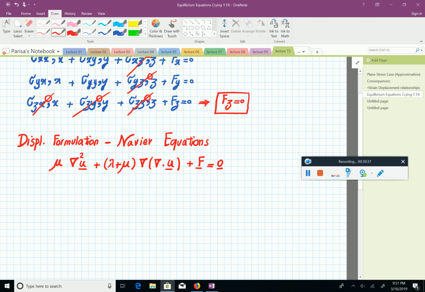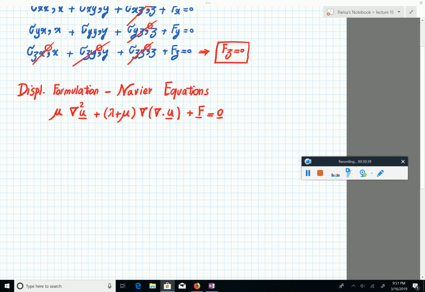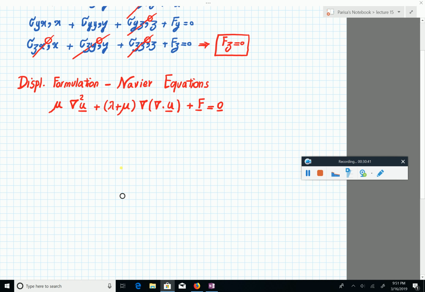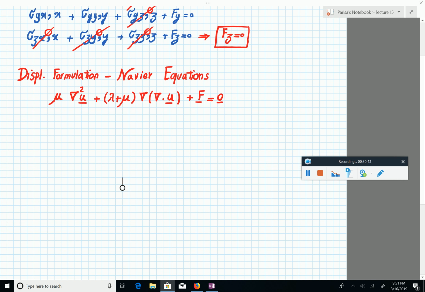Now, these are also three equations. Let's write them down. It would be a good practice to write it for yourself. It's always good. Last time you saw how the Laplacian looks in index notation.